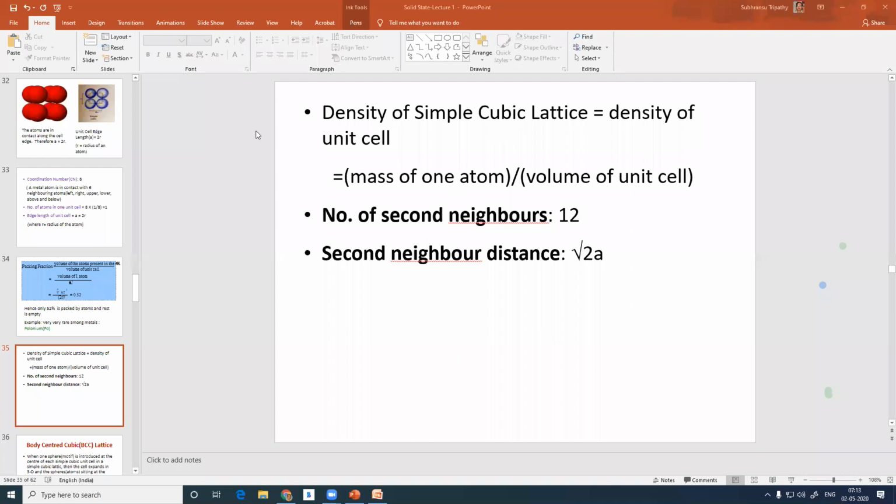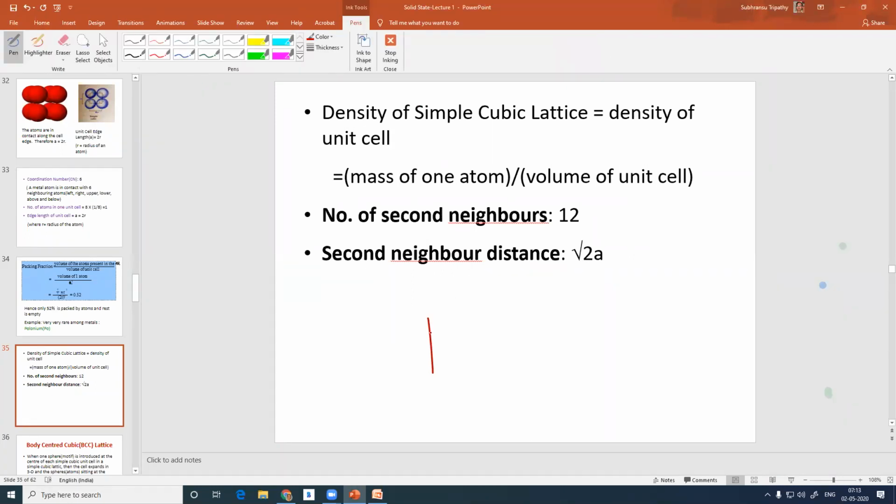Precisely a. I'm really astonished. So when I've told you that the spheres are in contact along the edges, if this is a, a's length is a, is it not the distance between the two direct neighbors which are in contact?